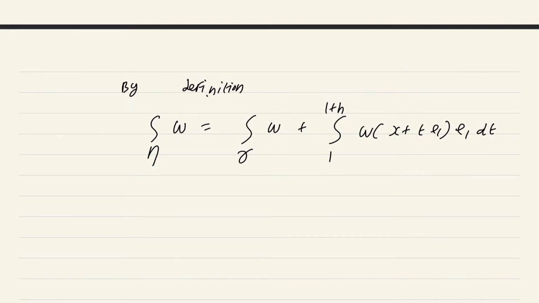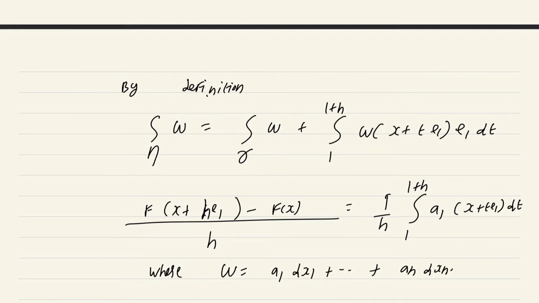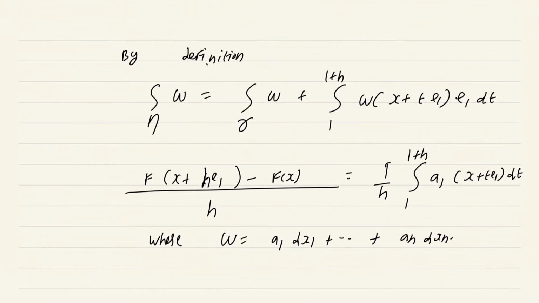Now f of x plus h e1 minus f of x divided by h is nothing but 1 by h times the integral from 0 to h of a1 of x plus t e1 dt, where omega is a1 dx1 plus dot dot dot an dxn. This is again just by the definitions.